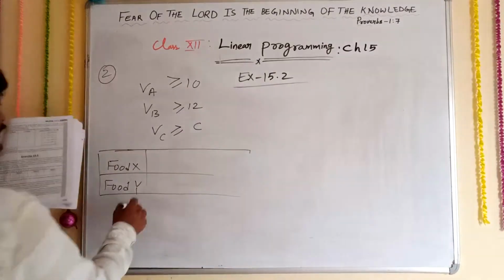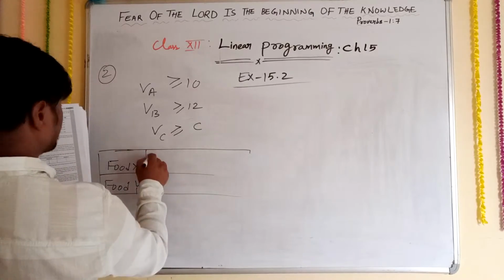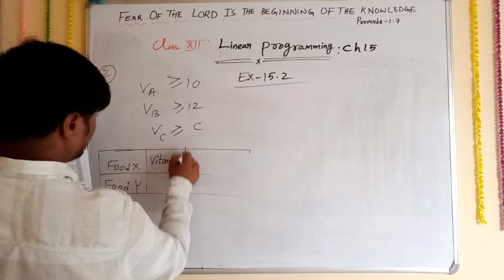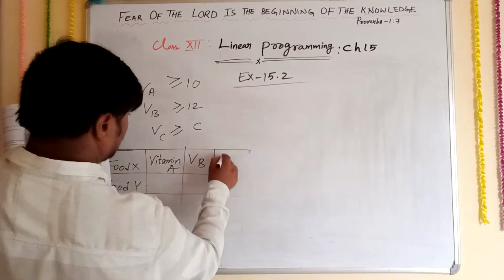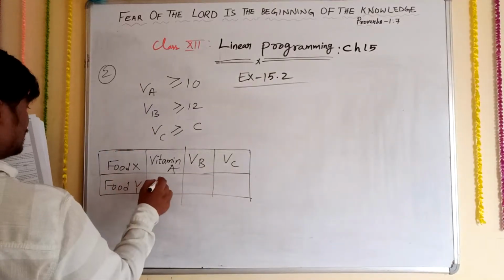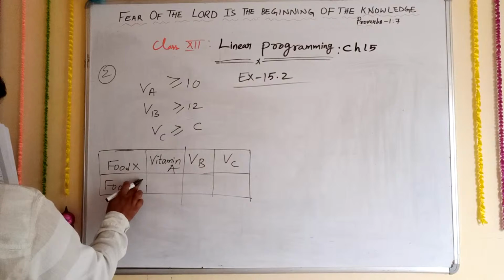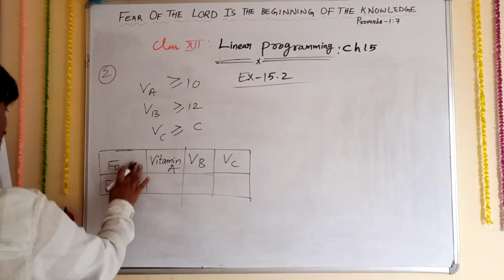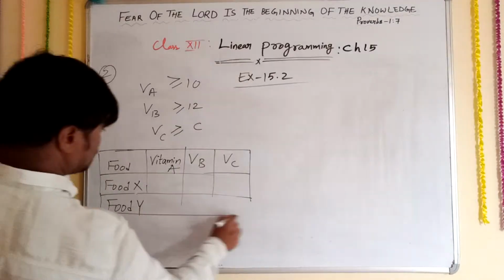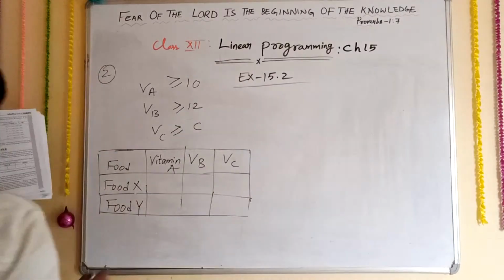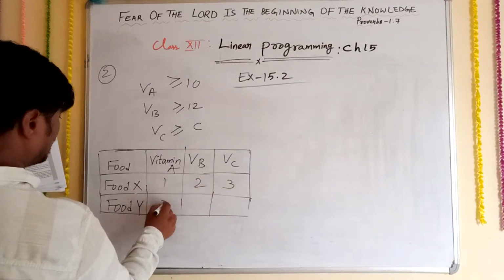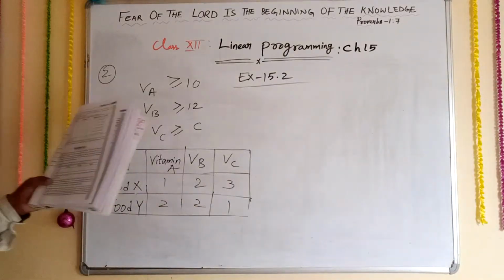This time you can complete these equations easily. So this is vitamin A, vitamin B, vitamin C. Here food X and here food Y. So vitamin A 1 unit, vitamin B 2 units, and 3 units, 2 units, 2 units, 1 unit.